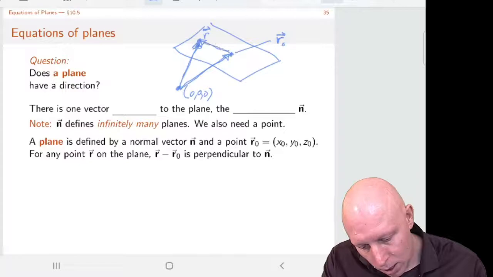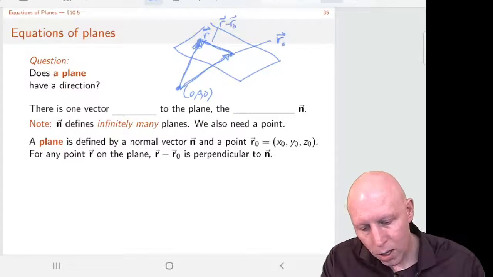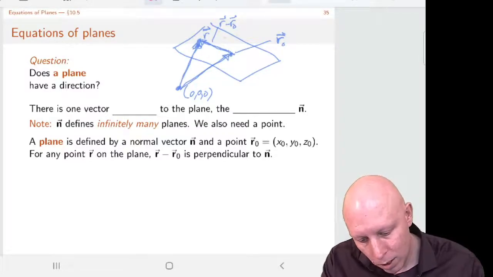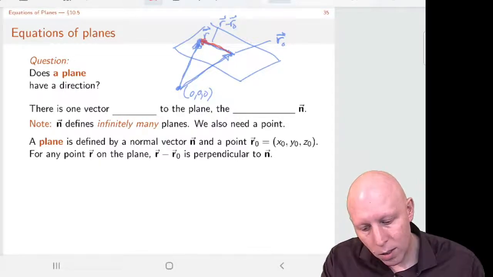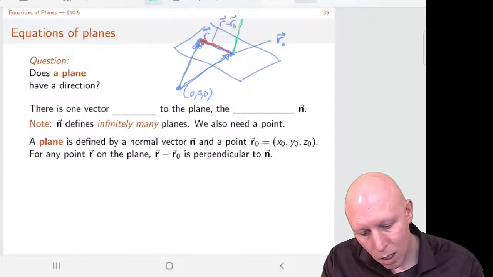Well, this vector, R minus R naught, maybe we'll choose a different color here, this R minus R naught is going to be perpendicular to our normal vector, no matter where you are on the plane.